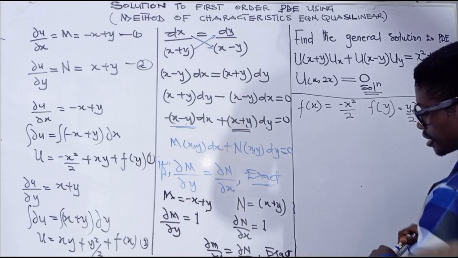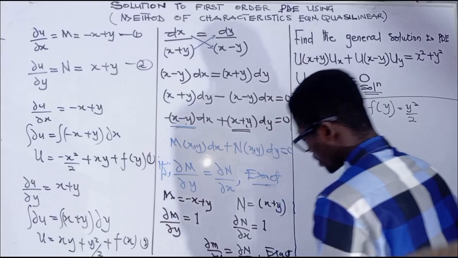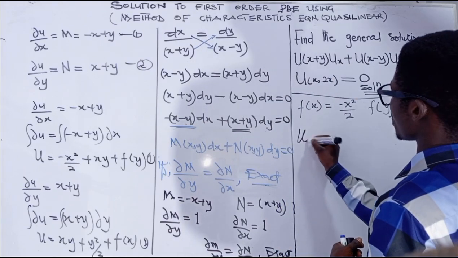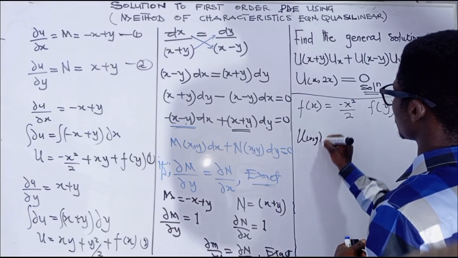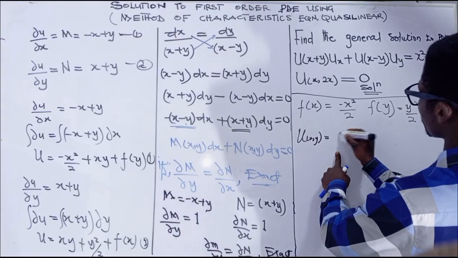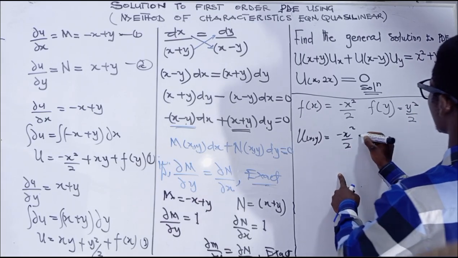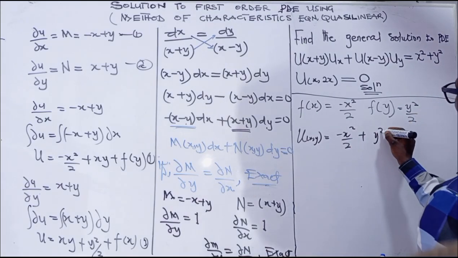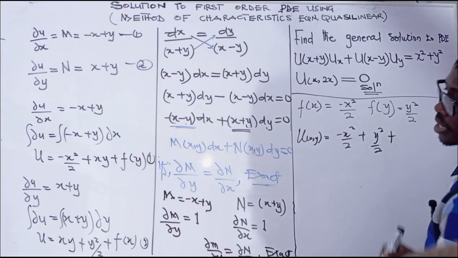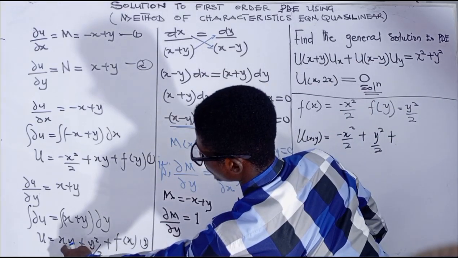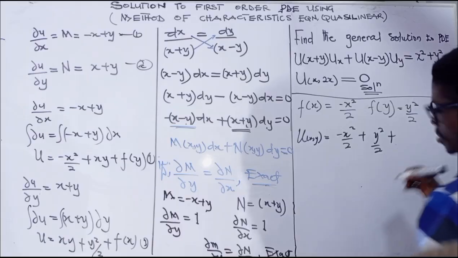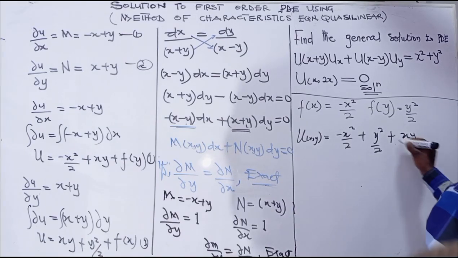So we can say that our solution, which is u of x, y, is equal to minus x squared over 2 plus y squared all over 2 plus xy. Since we have xy and then xy, we will pick one of the xy.